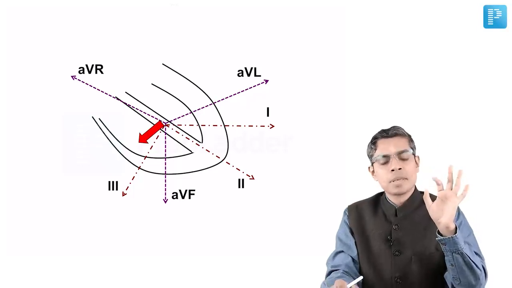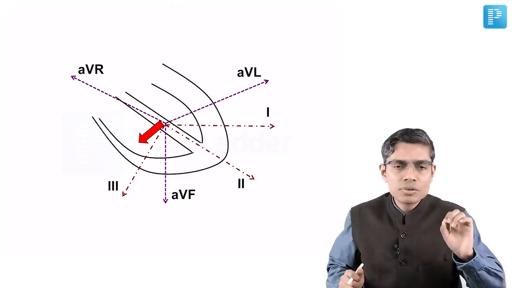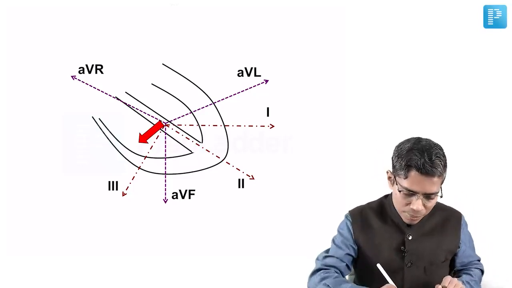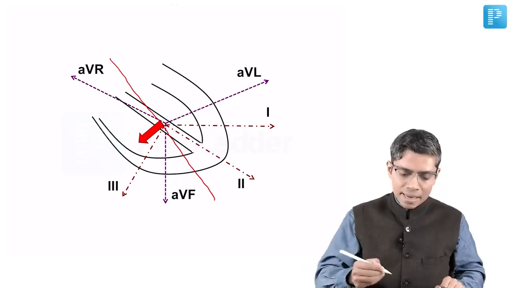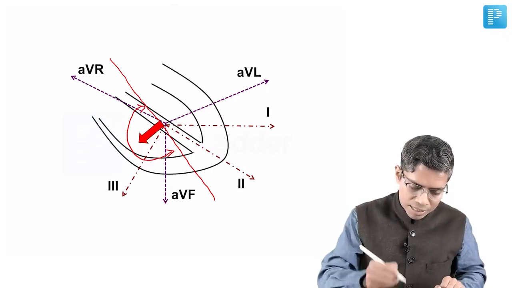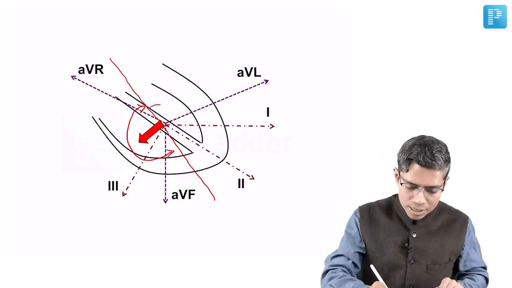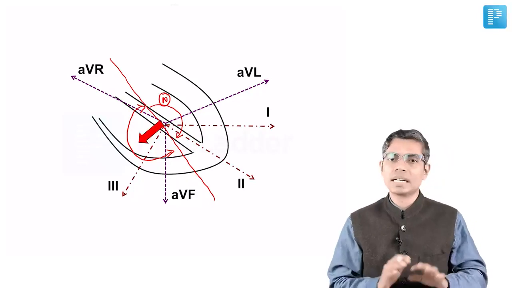Now for this initial vector, which lead is going to give you a positive recording? How to understand that? If you draw a perpendicular on this voltage vector, any leads which are located on this side will give you a positive recording, and any leads which are located on the other side will give you a negative recording. Getting my point?